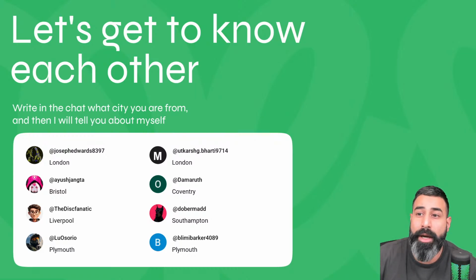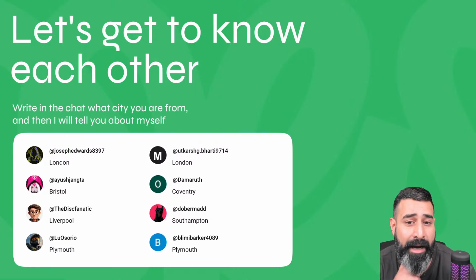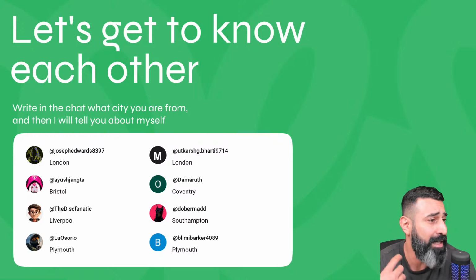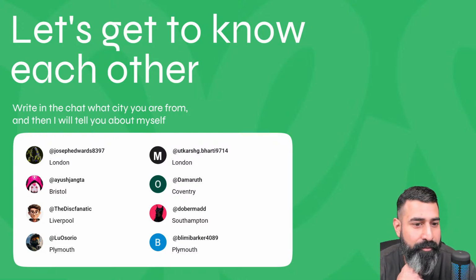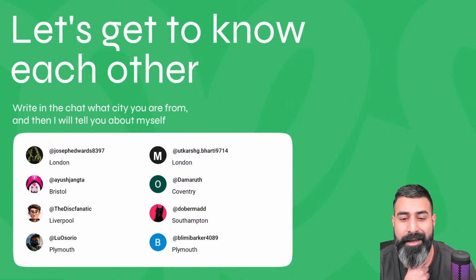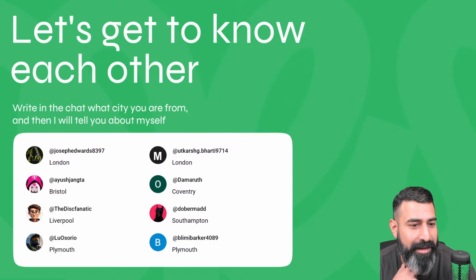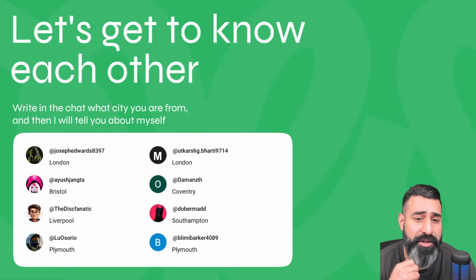All right, let's just quickly get to know each other as well. In the chat, can you just write down which city you're from? Then I'll tell you a little bit about myself. Any Londoners here? Any people from the Midlands? Essex, fantastic. Lakshmi, London, superb. Narmeen, Bristol, excellent. Lovely bridges in Bristol.